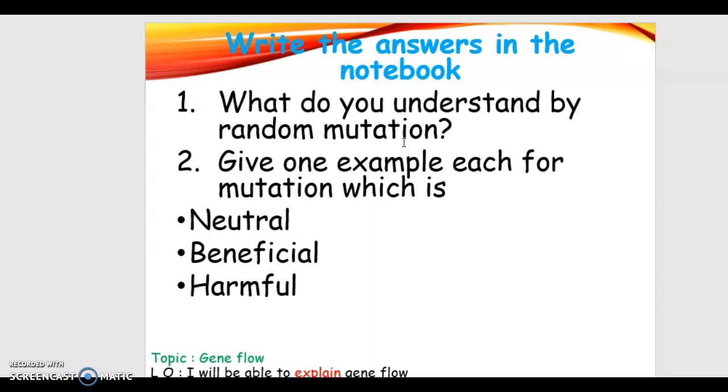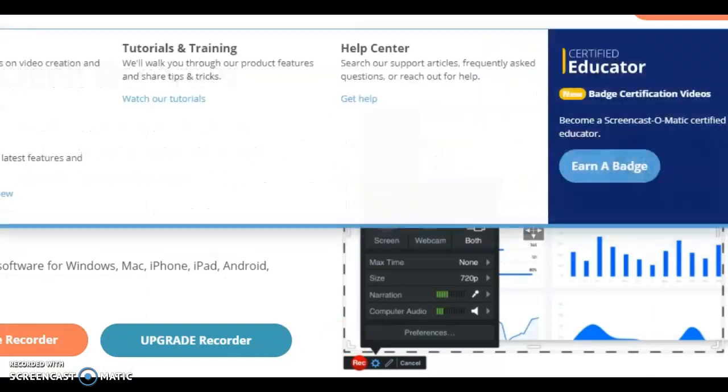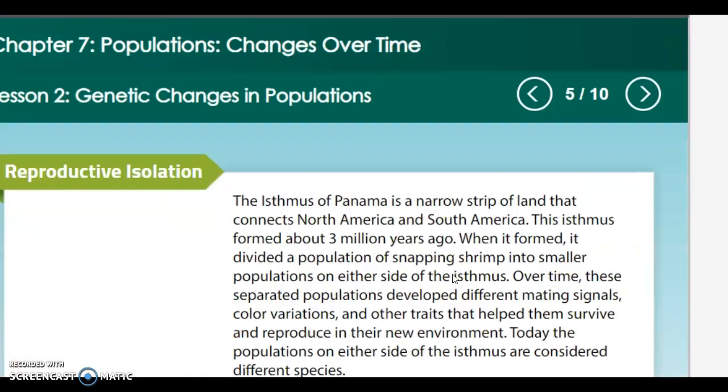Now, without wasting time, we'll just go through the lesson itself. We are going to read the lesson on page 294, and we'll start with reproductive isolation.